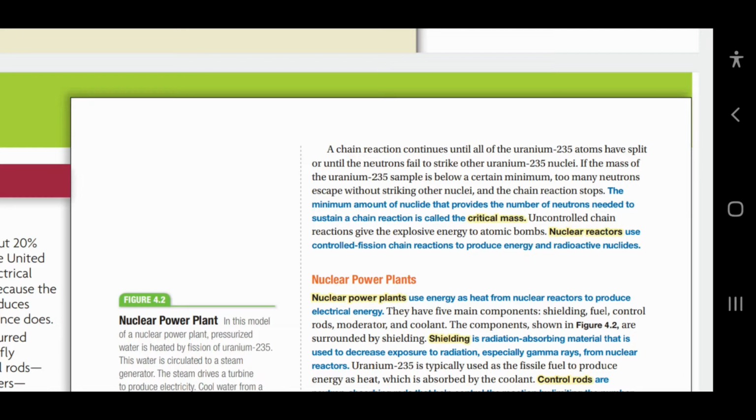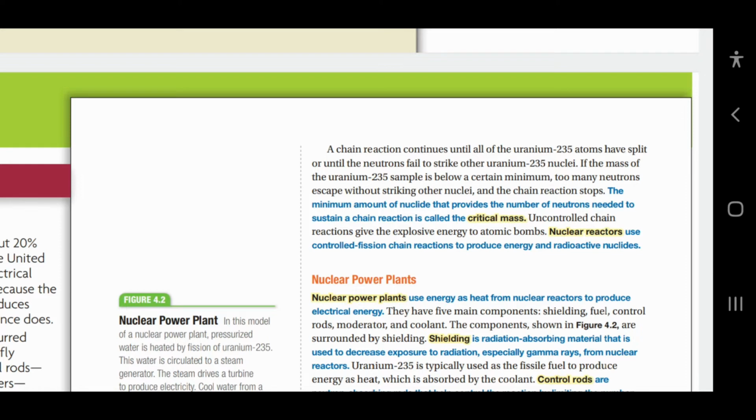An uncontrolled chain reaction gives the explosive energy of an atomic bomb, while in nuclear reactors we use a controlled fission chain reaction to produce energy and radioactive nuclides. So, if the reaction is uncontrolled, it will give us a huge amount of energy.